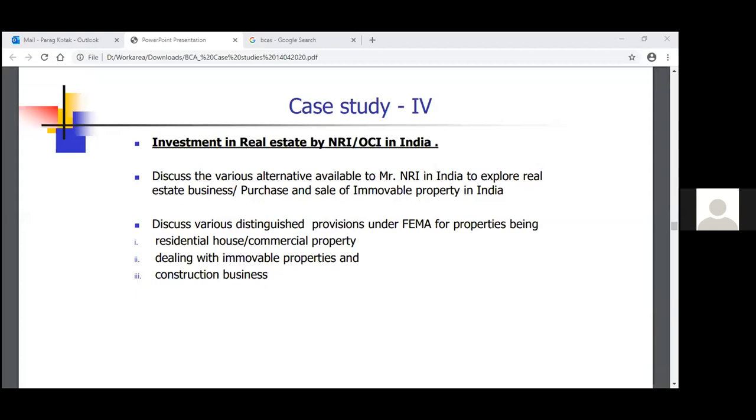Because I'll tell you, in project exports also, the feasibility study of the project starts 3 or 4 years in advance. So probably you can consider current account transaction Schedule 3 for the project feasibility study outside India also, for such projects which will be later taken over under the PEM method.